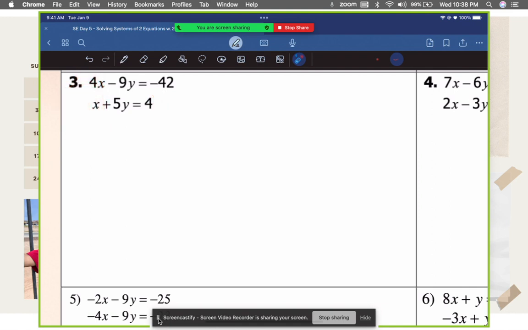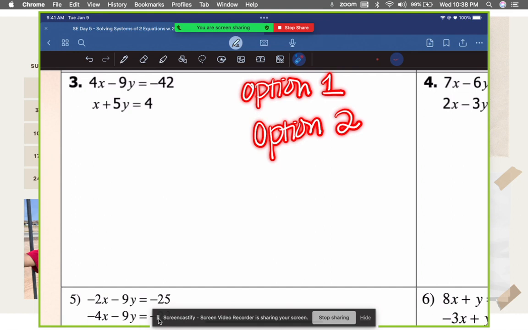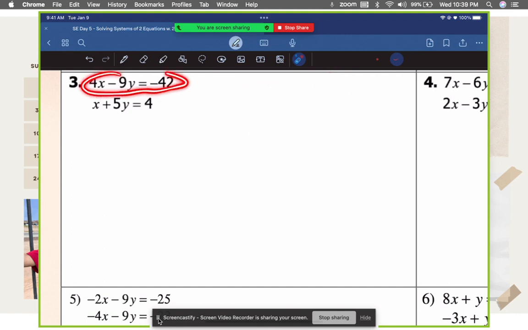Okay, that's option 1. Option 2, we would multiply this equation by 5 and this one by 9. Okay, that way they have the same coefficient, opposite sign.